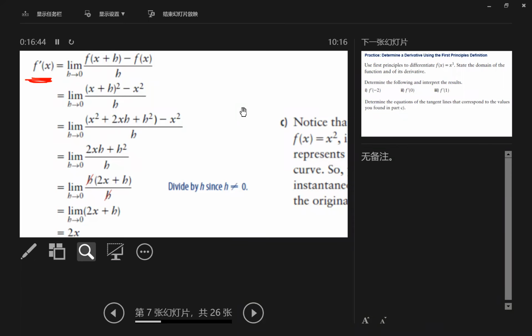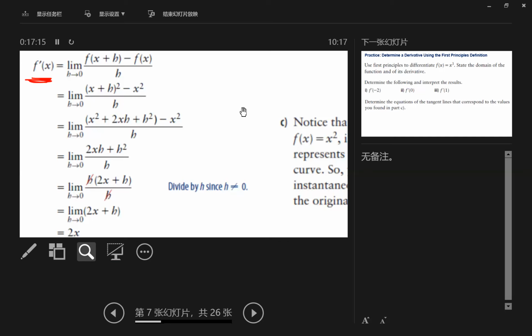Then we expand everything and cancel x squared there. That gives us the original expression equals the limit of (2xh + h squared) over h when h approaches 0. Apparently, we can cancel h in the numerator and denominator. Therefore, we get the limit of 2x + h when h approaches 0. Do you understand?